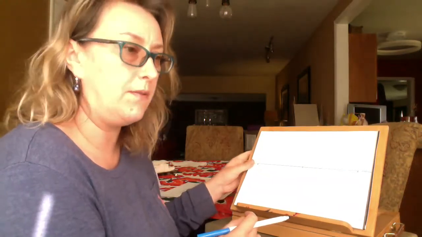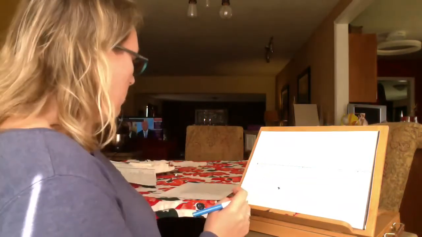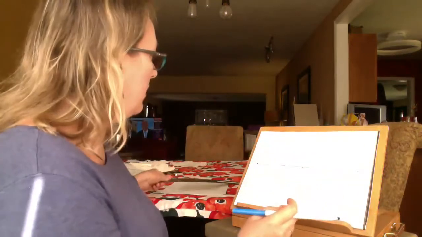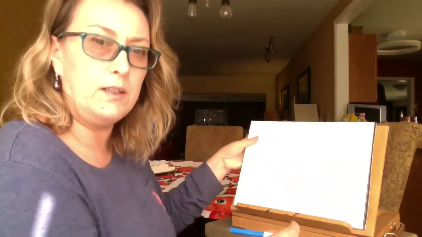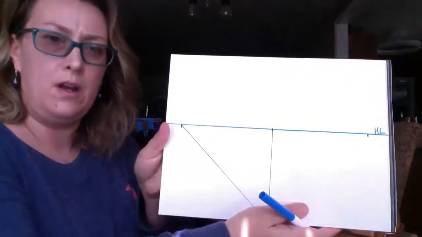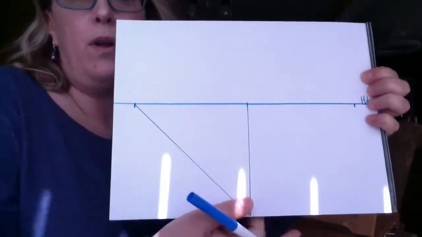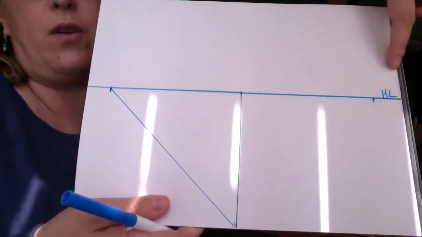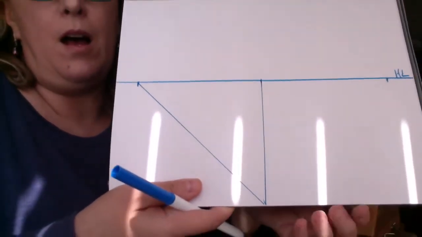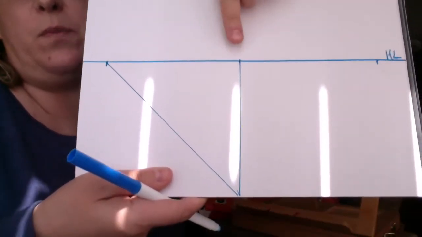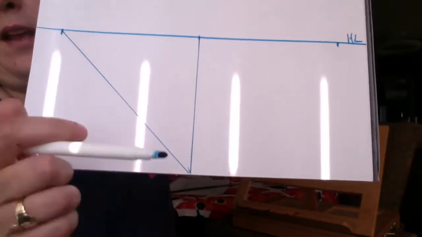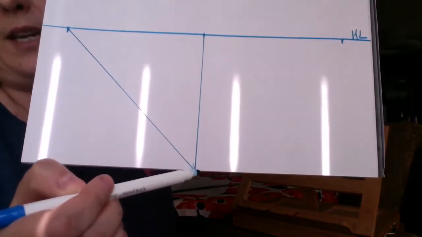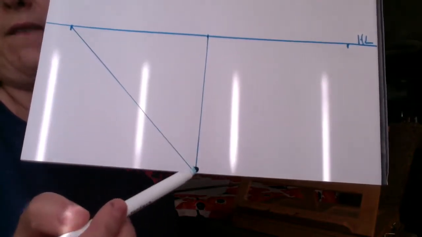So see if you can see where I'm drawing here. The sun is shining a little brighter now, so it's kind of hard to see. But what I have is I have established my horizon line across my paper. I have established my vanishing point in the center here. And then coming down from the center to the bottom here is my station point. This line is 5 inches.